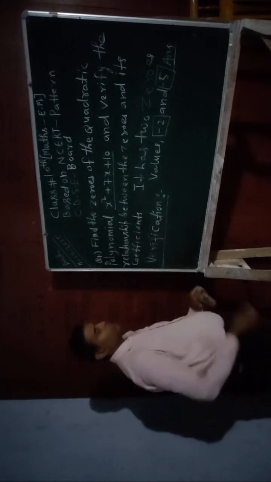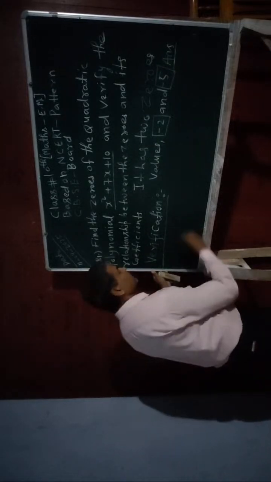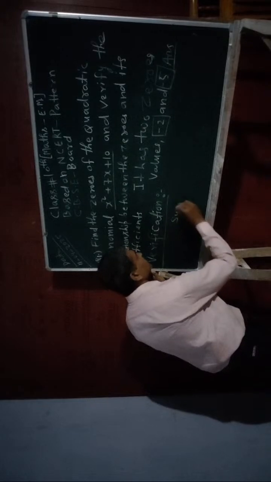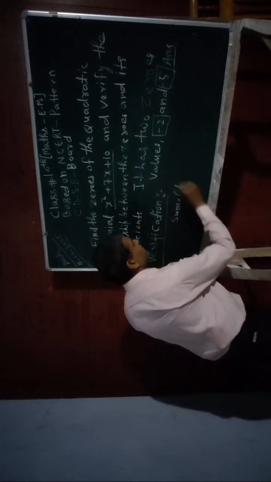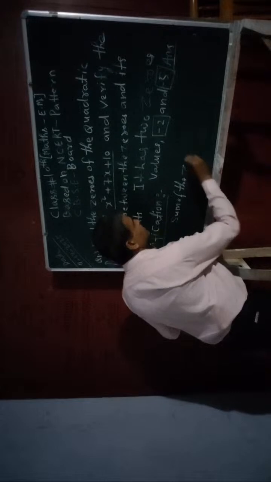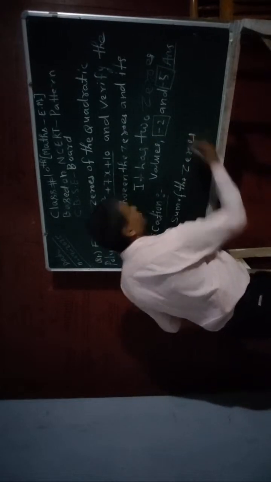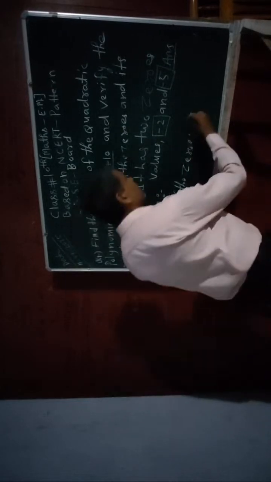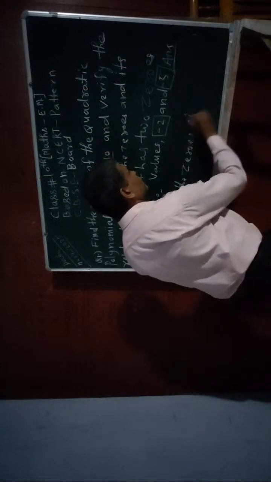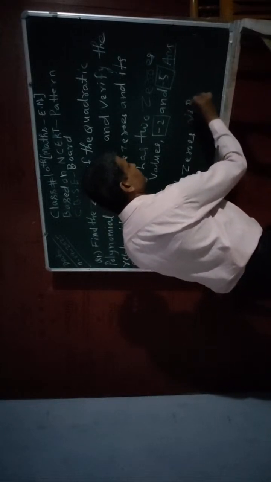Verification of zeros. Now we will write the sum of the zeros. One root is alpha and the other root is beta.